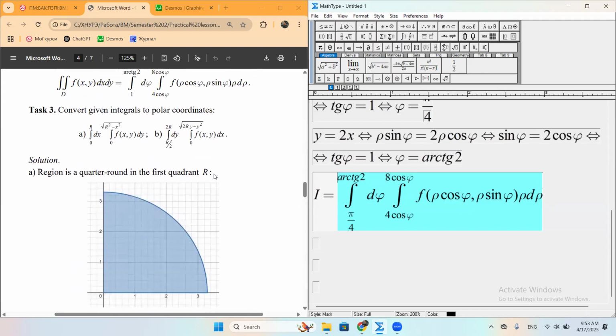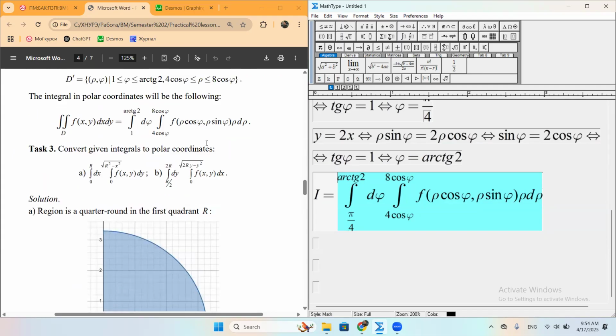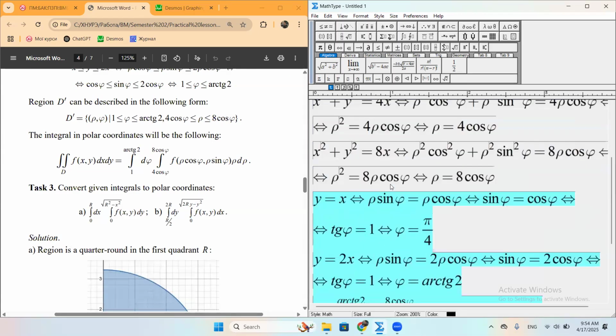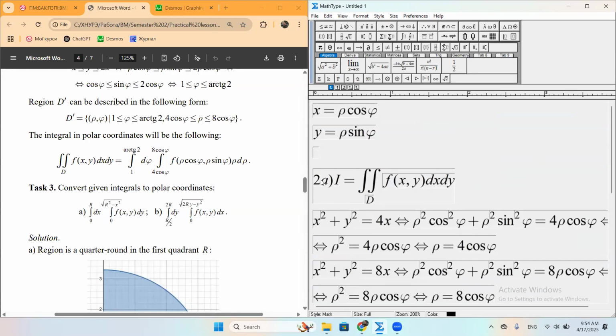Now again, converting given integrals to polar coordinates. Here we already have repeated integrals, so we need to understand the region of integration from the integral itself. We don't have equations. So, 3a.